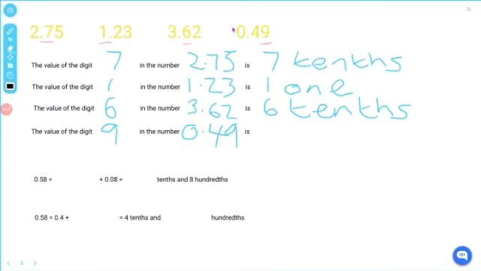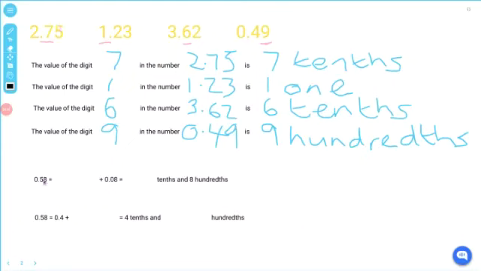And looking at our decimal number again, the ones column has a 0, the tenths column has a 4, and the hundredths column has a 9. So we know that it is 9 hundredths. Okay, so now we have completed our decimal number sentences.